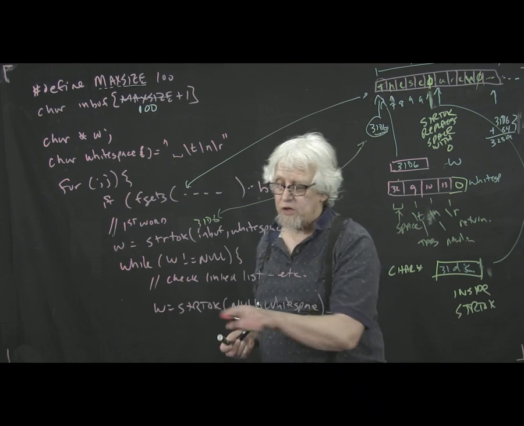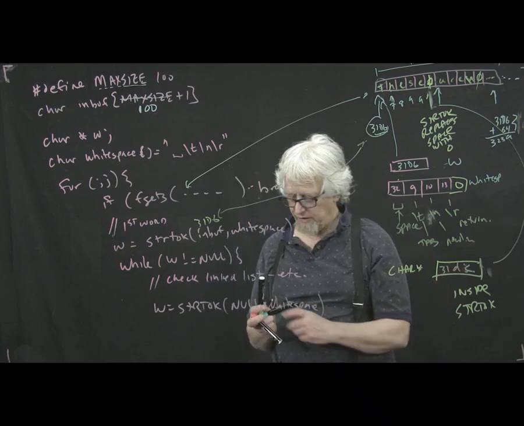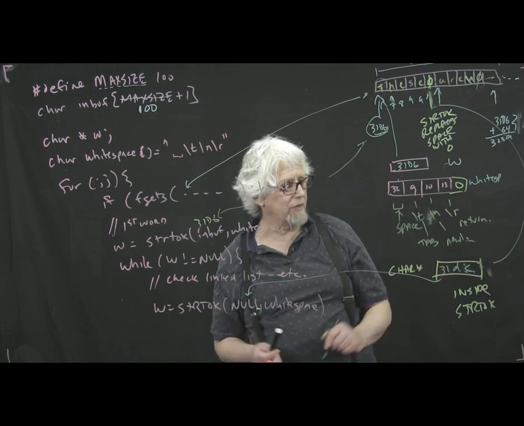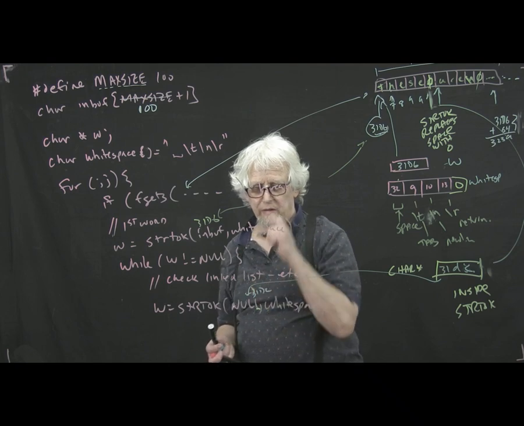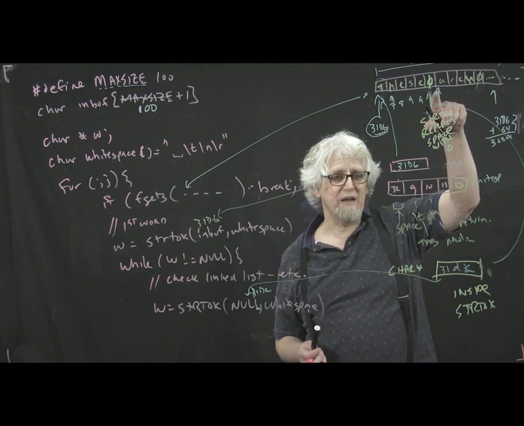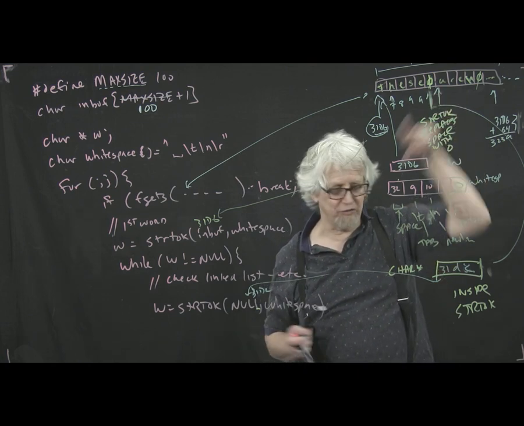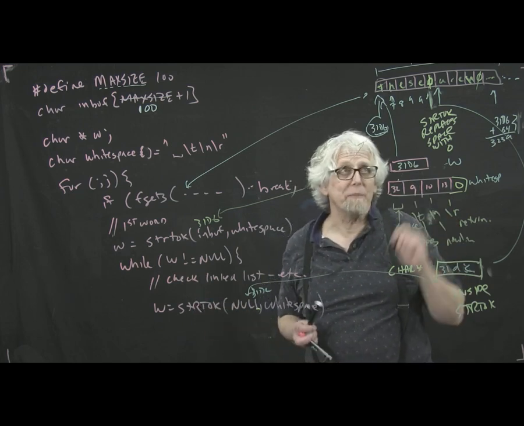When I call strtok with a null there, strtok uses this internal pointer, 31DC. So it remembered the spot after the last 0 that it plugged. It remembered that address. So effectively, we're calling strtok starting from here.